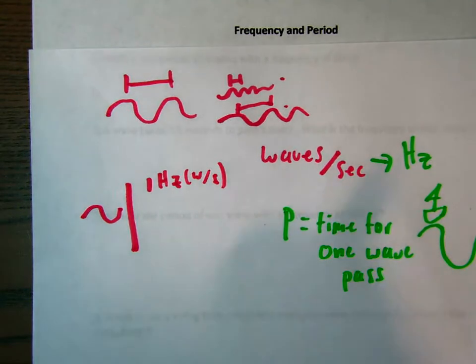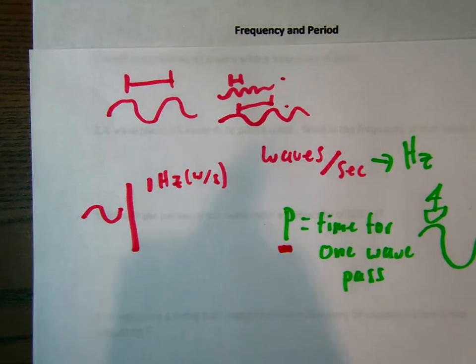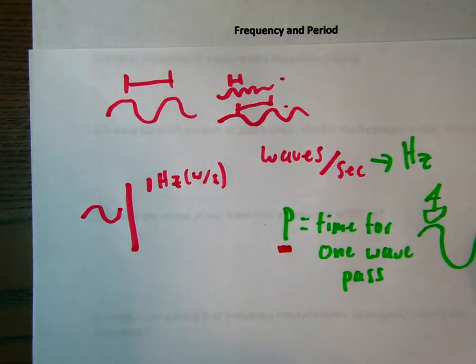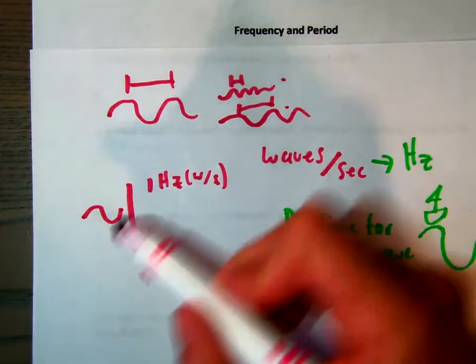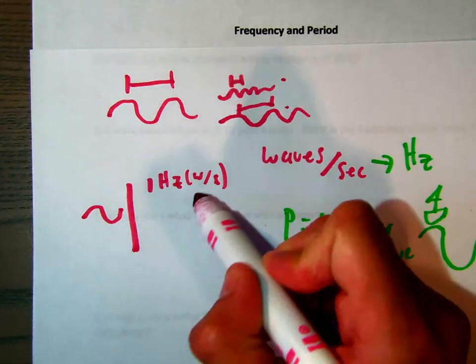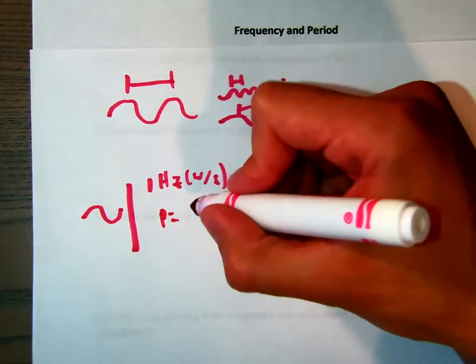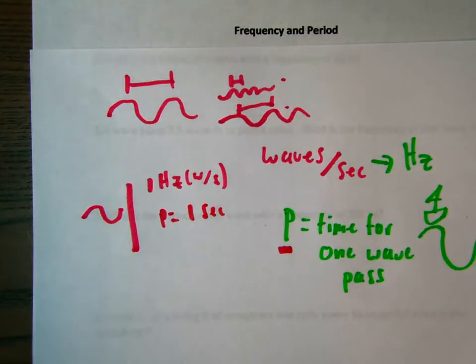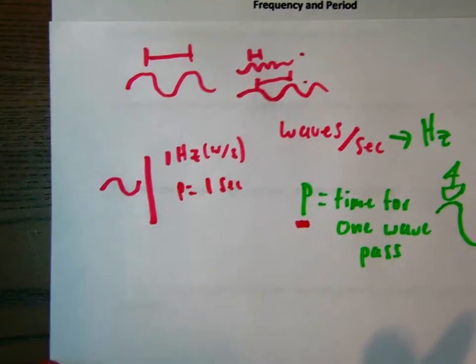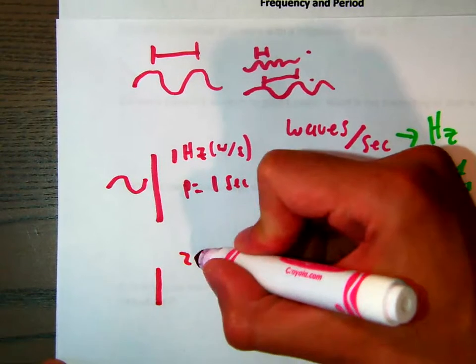Well, if I have 1 wave per second, I want to figure out how long the time for 1 wave to pass is. Well, that's just my period. If I get 1 wave every second, then my period equals 1 second, because it's 1 wave per second. Okay, that's pretty straightforward.